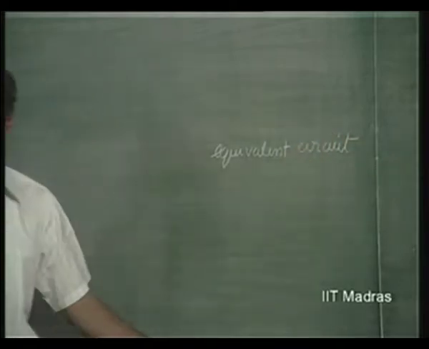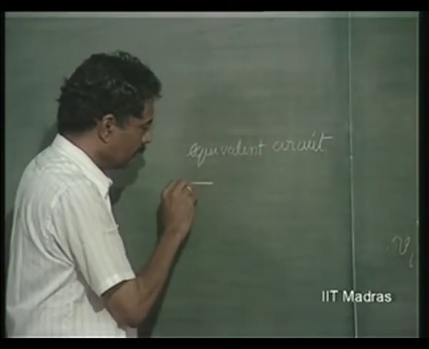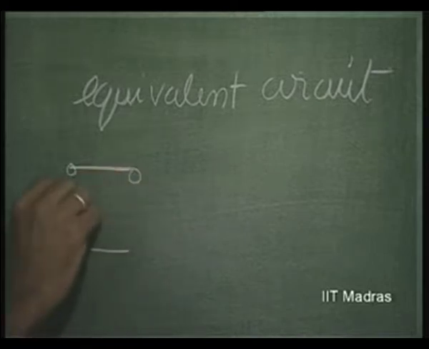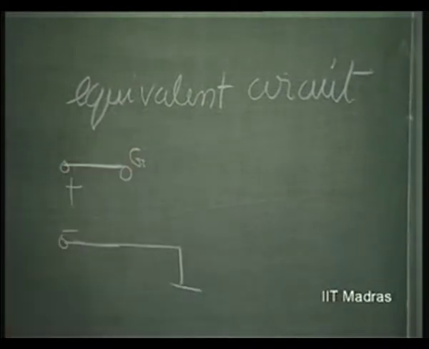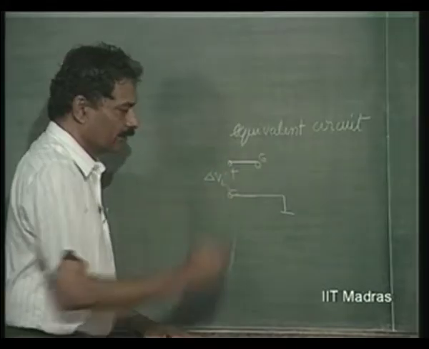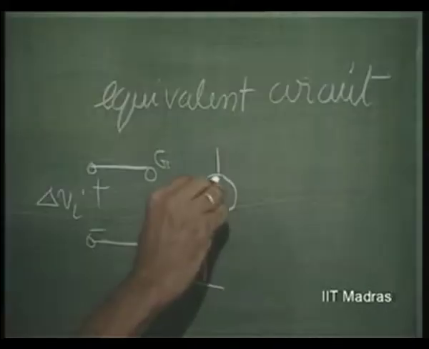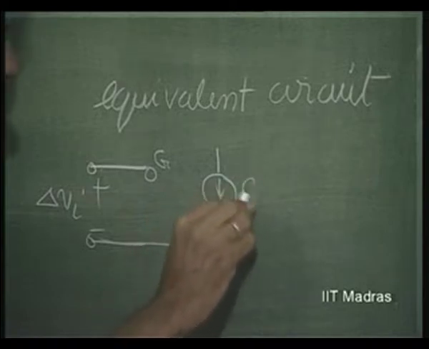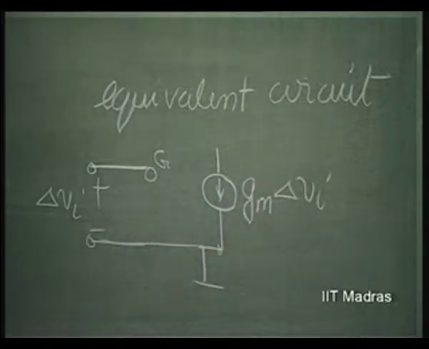this is what we had included. Equivalent circuit is going to be this is gate, the source is grounded, this is gate, and to this we are applying, let us say, a small signal delta Vi, and current is defined.